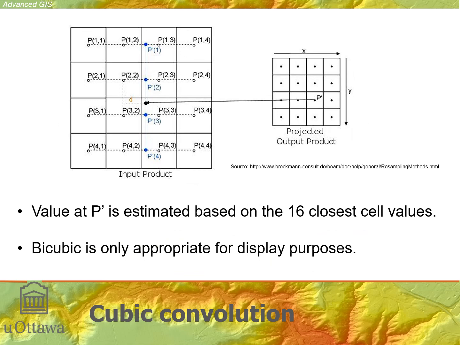And here's the cubic convolution example. The difference here is that there's our new cardinally oriented cell. We find where that cell would fall within the original raster coordinate system. And then these 16 surrounding cells are used to create a spline surface. That's a contorted and can be highly varying surface depending on the surrounding values. And so P could be different from the surrounding 4 values, for example, depending on what the values were.